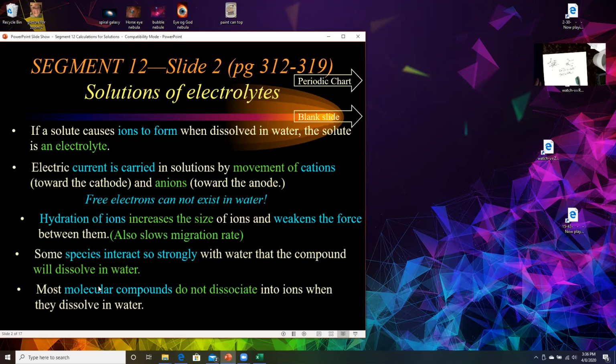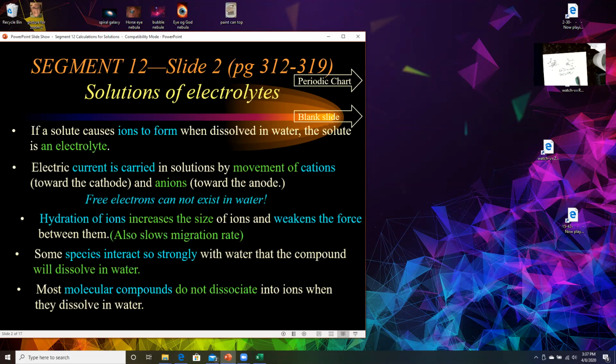Now, you have to be careful about molecular compounds. When I talk about ionic species being some of them soluble, some of them not, we learned the solubility rules to determine what they were. But some molecular compounds dissolve too, but they don't create ions. For example, methyl alcohol, CH3OH, looks very much like water, really, molecularly.